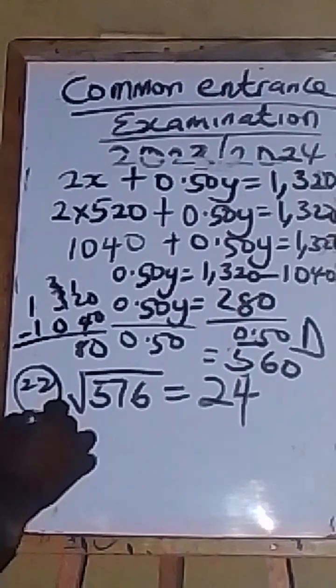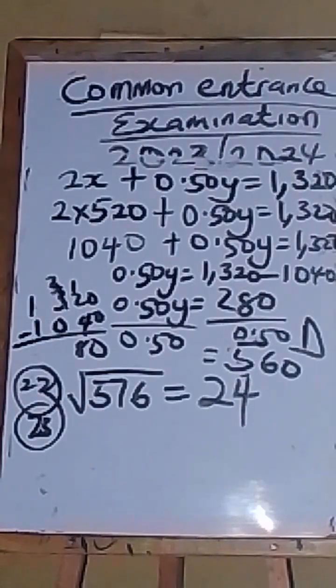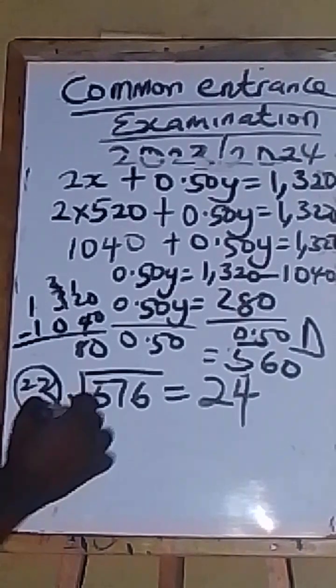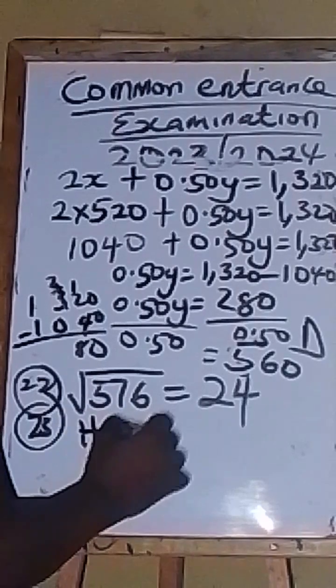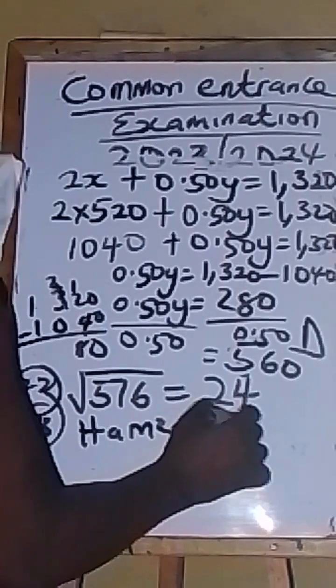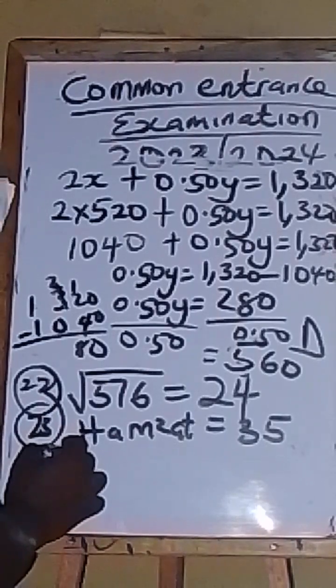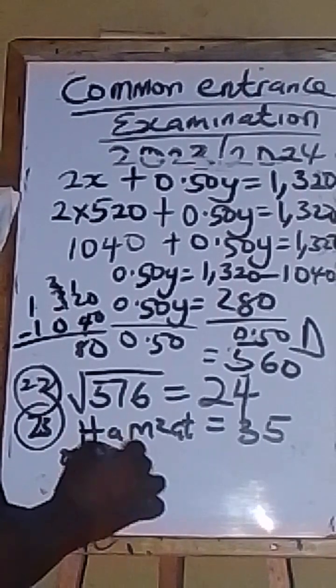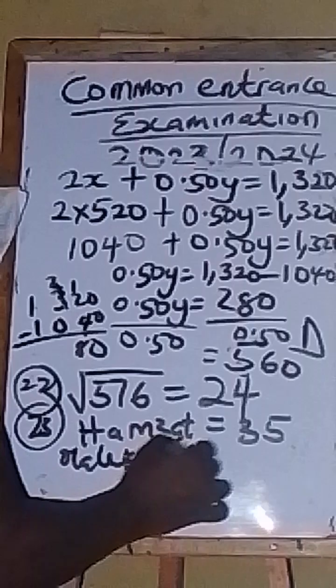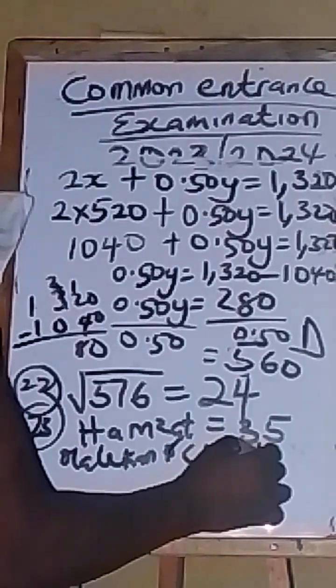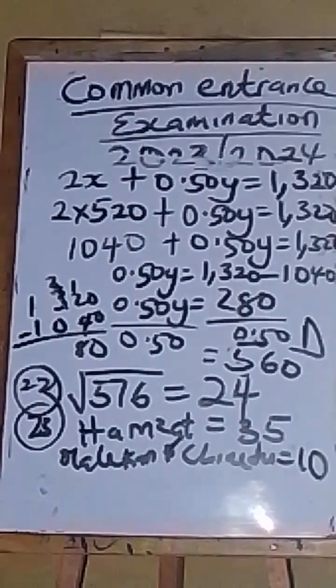Question 23. Hamzat has 35 mangoes. He gave Olalekun and Chidema 5 mangoes each, which means the two of them have 10 mangoes.